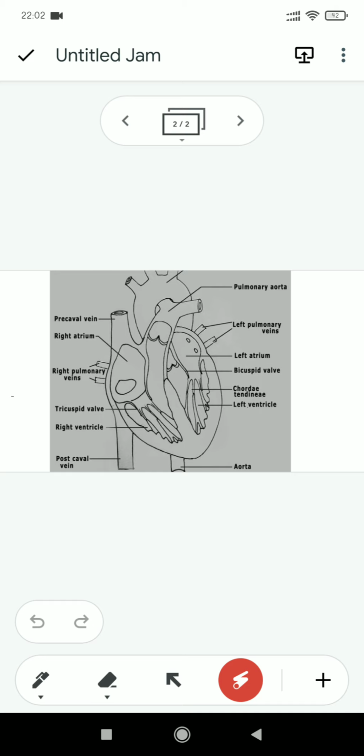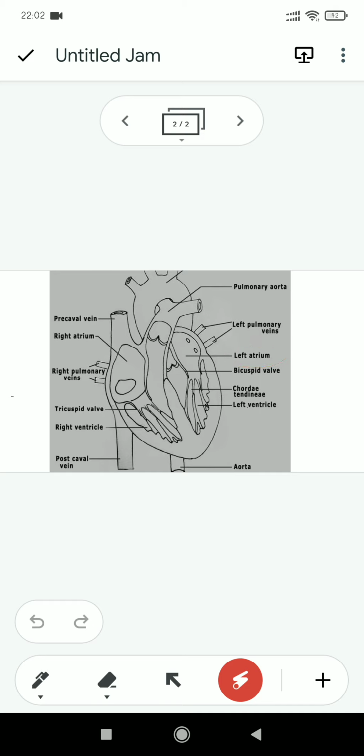The oxygenated blood is then carried from the alveoli into the left atrium. This is our left atrium, and these are our left pulmonary veins. Through these, the oxygenated blood enters into the left atrium.